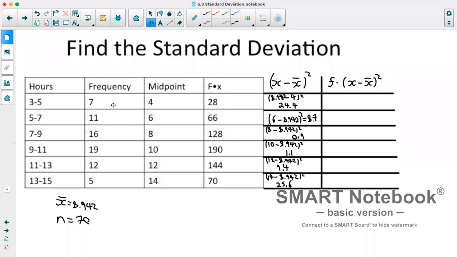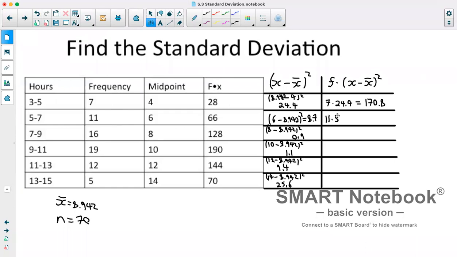So if this one had a frequency of 7, so we have 7 times 24.4. So that gives us 170.8. Next one, we had a frequency of 11.